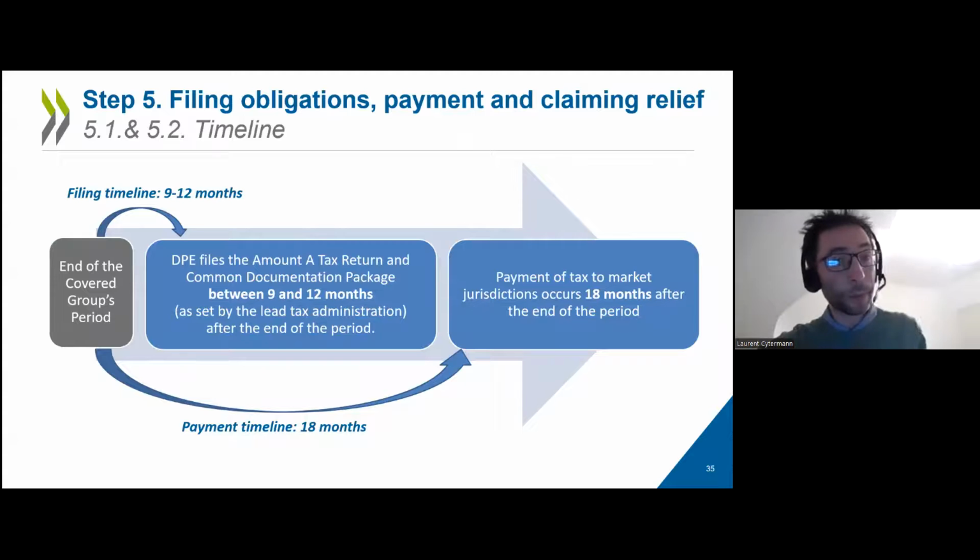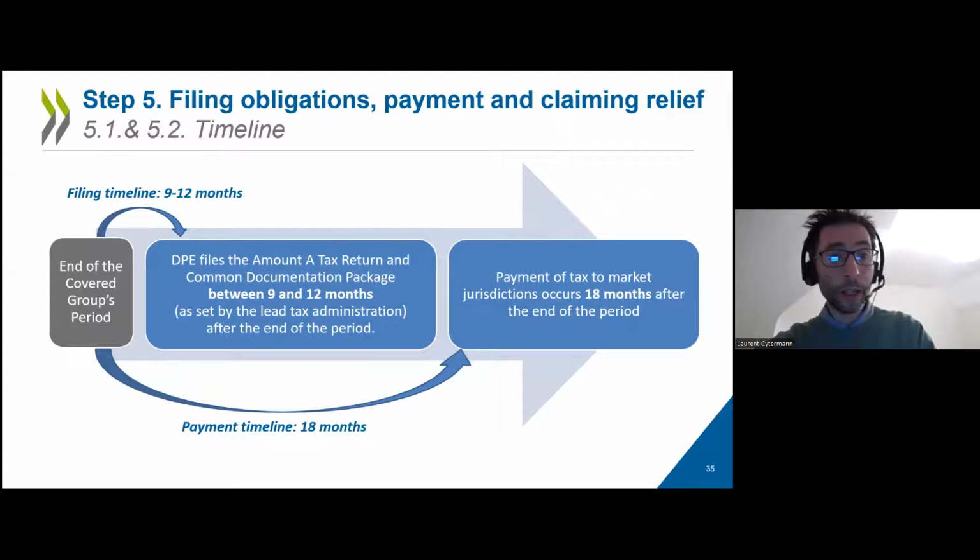So we start from the end of the covered group's period. And so you have a filing timeline, which is between 9 and 12 months. Basically, this will be set by the jurisdiction of the lead tax administration. The filing deadline that it determines in its legislation will apply to the groups which have their UPE in this jurisdiction.